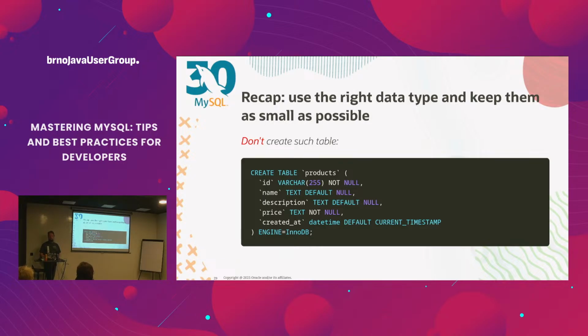Yeah, about the text type. Doesn't MySQL allocate something like 65,000 bytes for the string? No, the thing is that it will allocate another page. InnoDB has a limitation: you need to have at least 2 records per page.